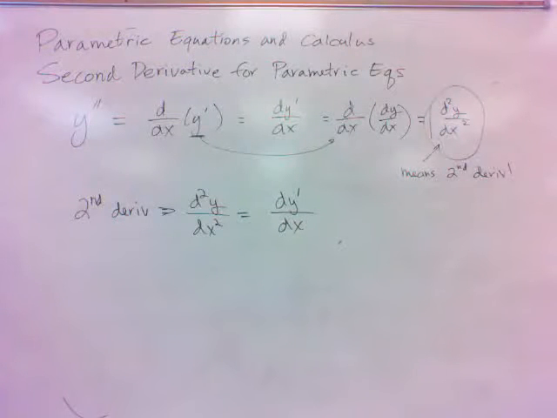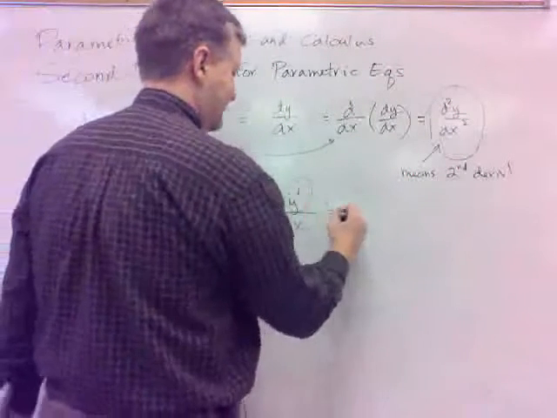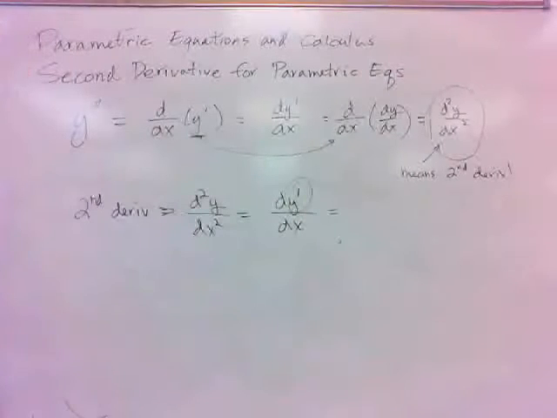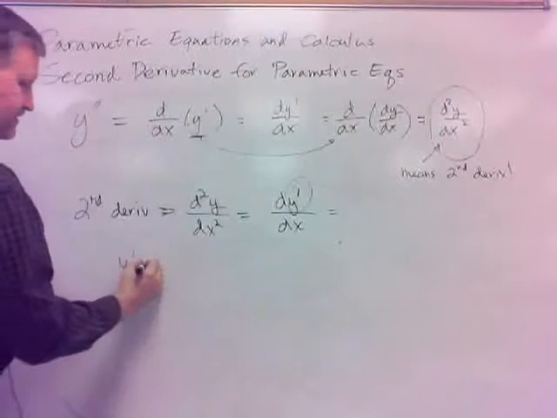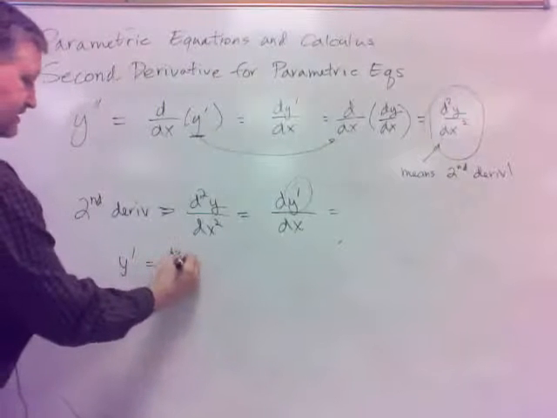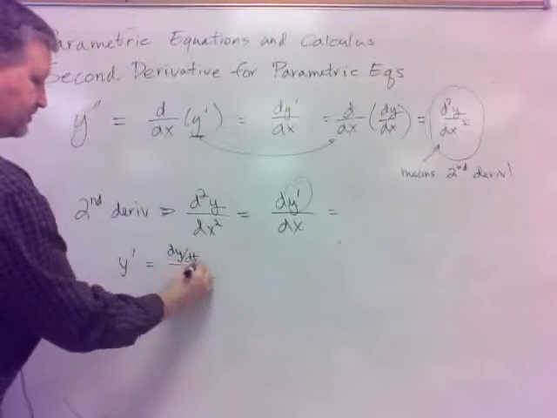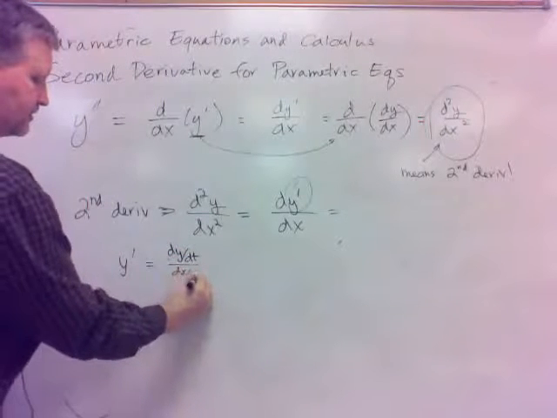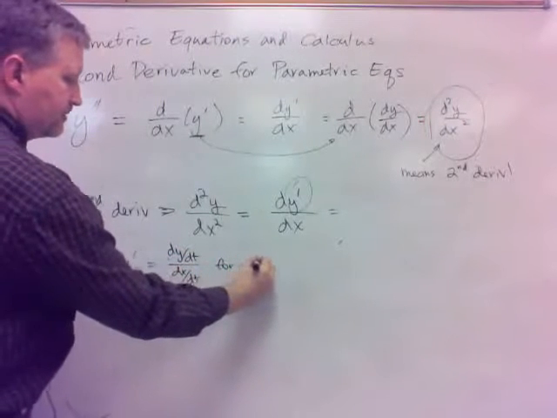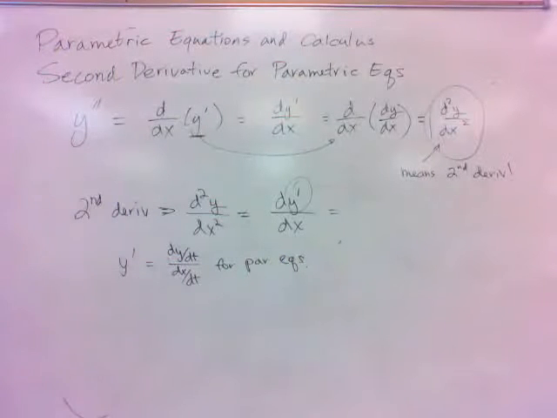Forget that other. Okay? In the parametric case, what is y prime in parametric format? Isn't it dy dt over dx dt? For parametric equations, y prime is dy dt over dx dt.